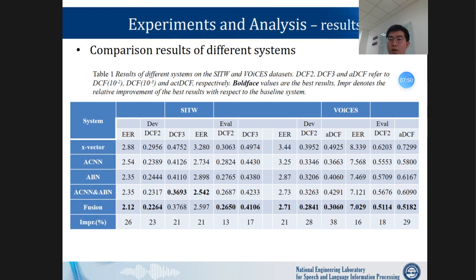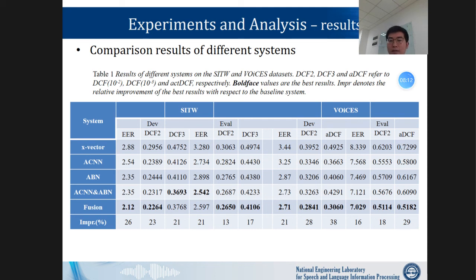These are our main results. Table 1 presents the results of different systems on the SITW and the VOiCES datasets. It can be observed that the system applying either the ACNN or ABN outperformed the X-vector baseline system.